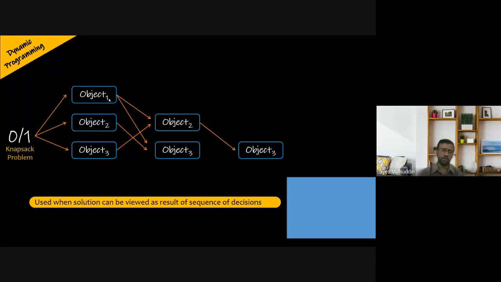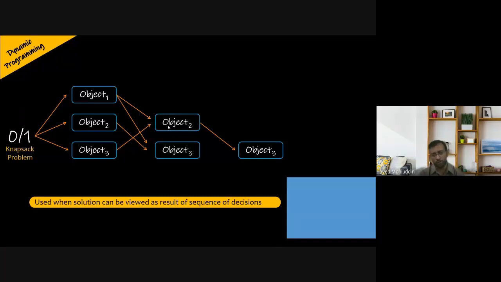But suppose at the first stage we choose object 1 and in the next stage we choose object 3, then obviously object 2 is not selected, so there is no arrow going to the third stage. So at every stage we are making a decision. Now if we select object 3 at the first stage, there is an arrow going to object 2. Can we select object 2? Yes, we can select object 2, there is no problem.